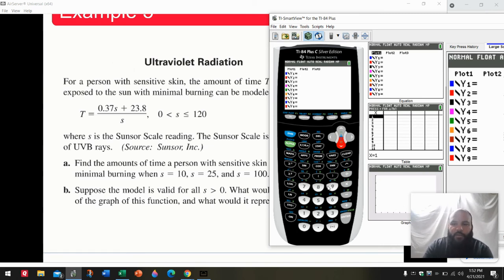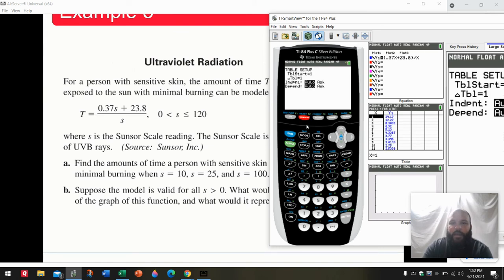I'm going to enter this part in: parentheses, 0.37x plus 23.8, and then divide that by x again. Once I have that entered, I'm going to hit second window, and change the first independent to ask.